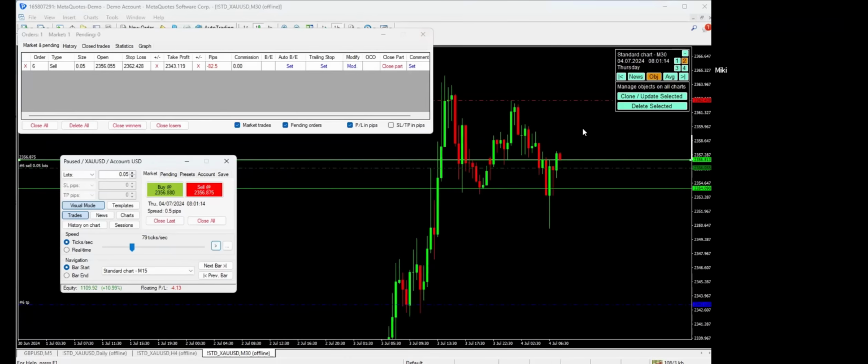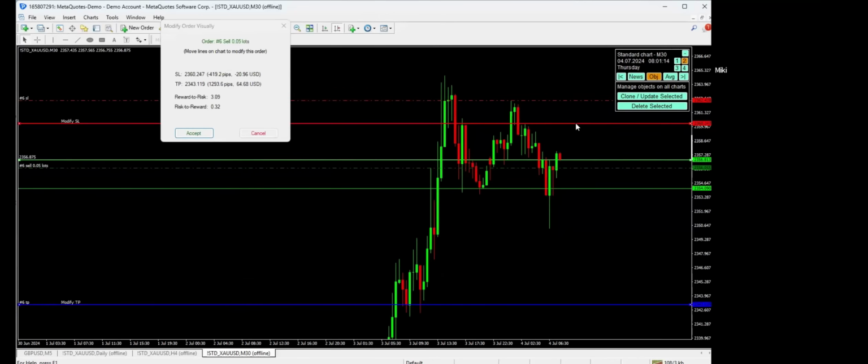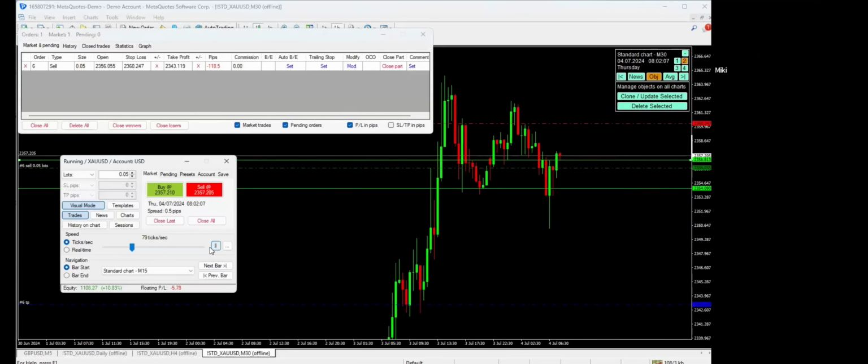I'm going to reduce my stop loss for one. So put it over the lower swing low. So it's now 41 pips. You see how this plays out? Because we're still below this last lower high.